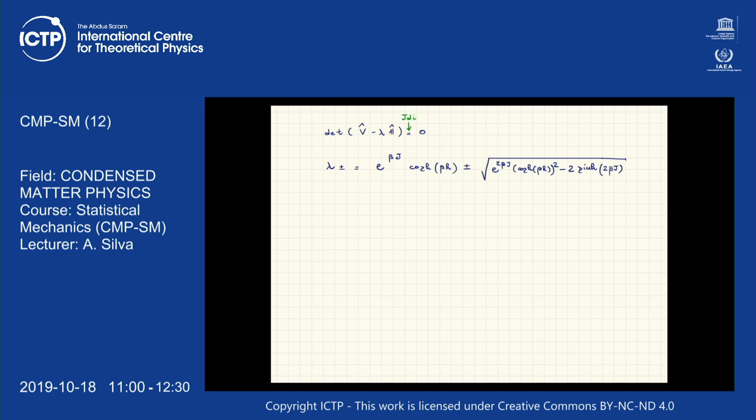I don't see any, well, it might be that for a fixed j you find an h such that it happens, but I don't see any simple way to do it. Anyway, so these are the two eigenvalues, and notice that lambda plus is greater in absolute value than lambda minus. This is something that you can check yourself.